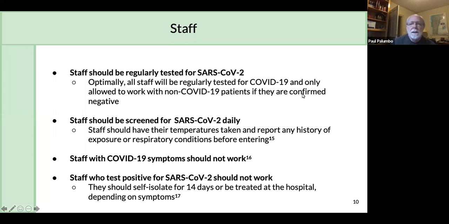For staff, I'll just lead off by saying I've been following a registry, a database in the United States. All pediatric intensive care units, mostly in the US, but also Canada and Mexico, contribute data for the number of children and youth in pediatric intensive care units with COVID-19 infection. To date, there's about 300, so not huge numbers, but significant.